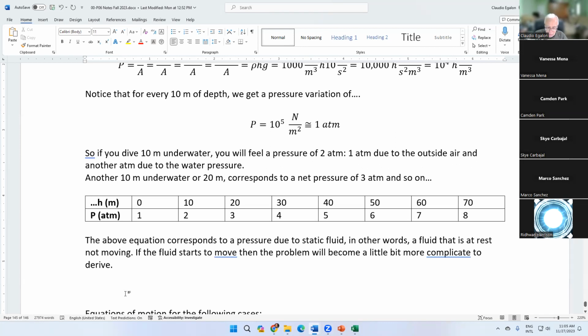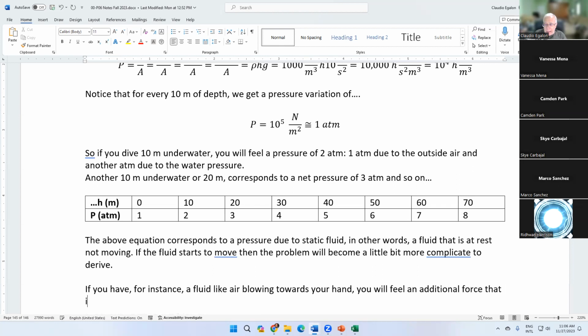If you have, for instance, a fluid like air blowing towards your hand, you will feel an additional force that is producing an additional pressure.